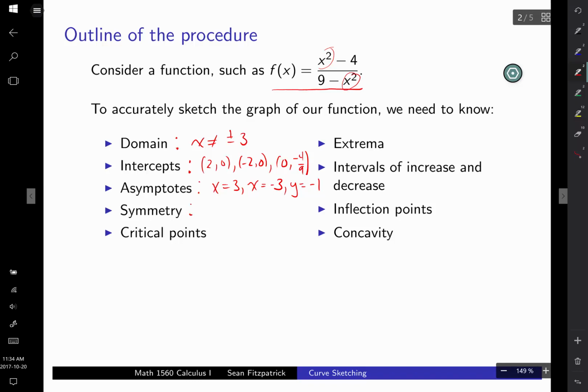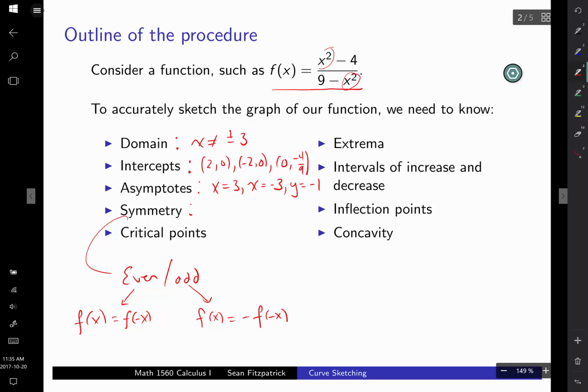Symmetry. So for symmetry, not every function is going to have symmetry, but you're looking to find out, okay, is my function even or odd? So an even function is one where f of x equals f of minus x, and an odd function is one where f of x equals minus f of minus x.